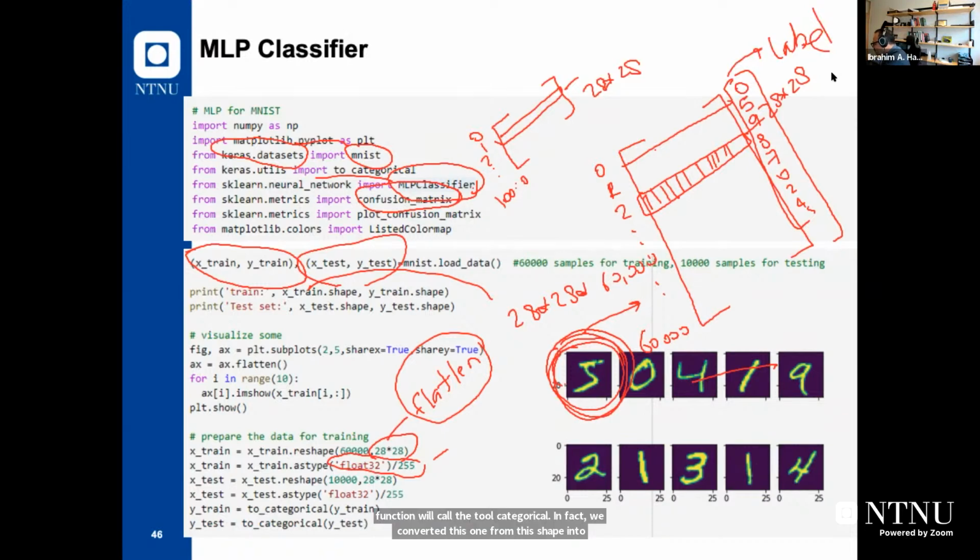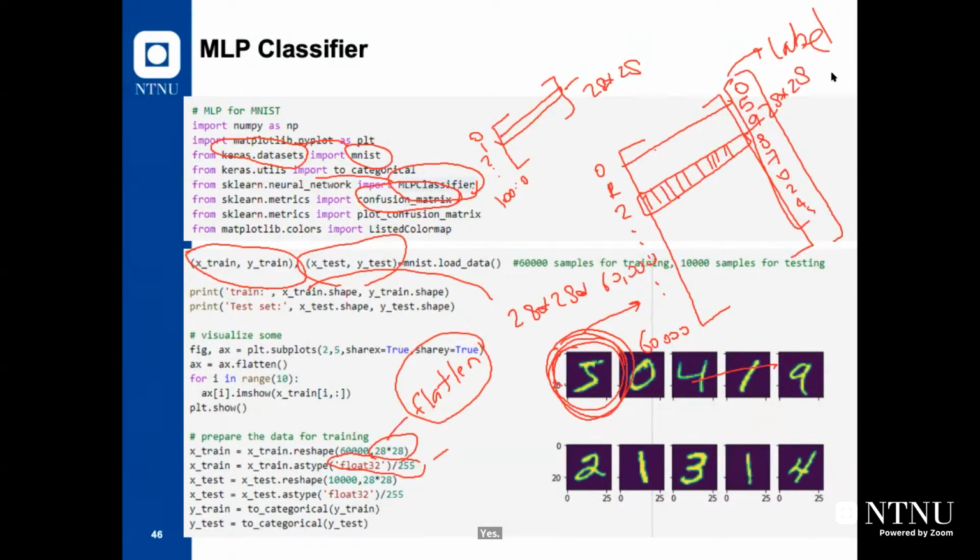Yes, I got a question from Christian. Yes, please. Hi, sorry to interrupt. I was just thinking that we usually have two alternatives, that you could have a dimensionality of 10 in Y, where each label could be 0 to 1.